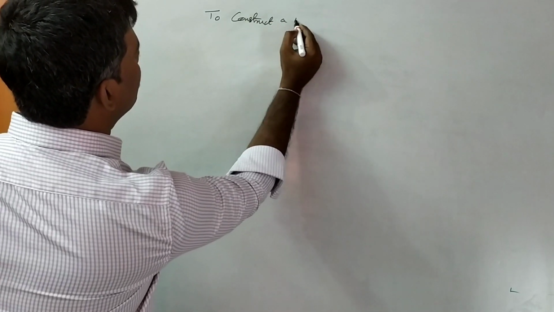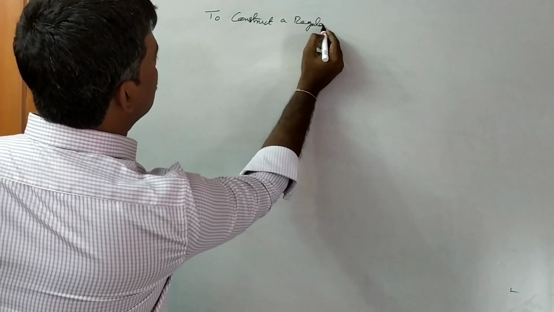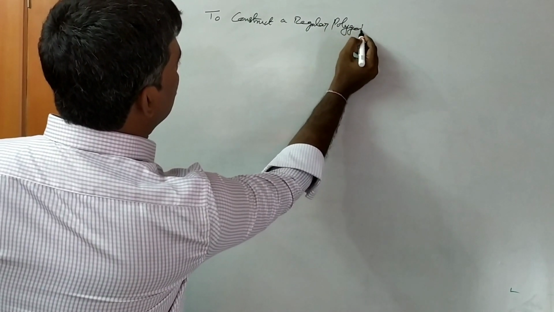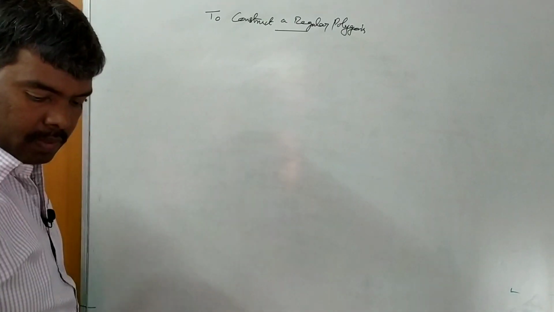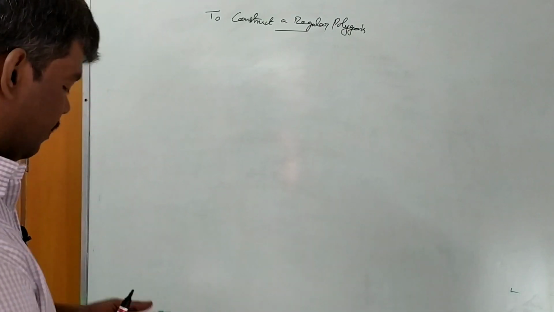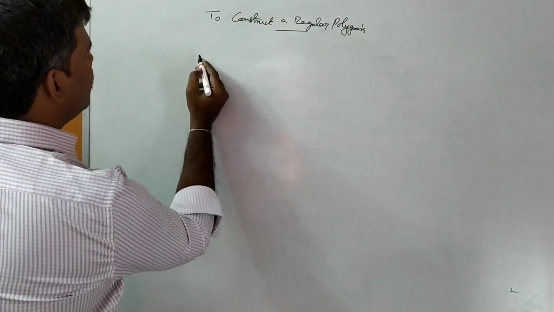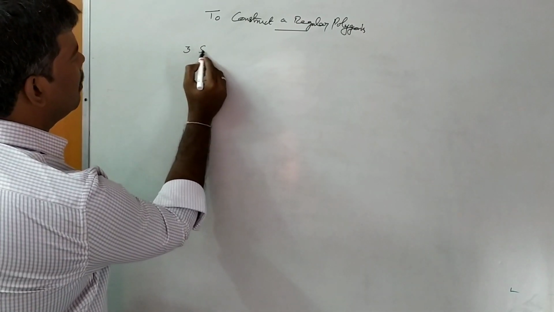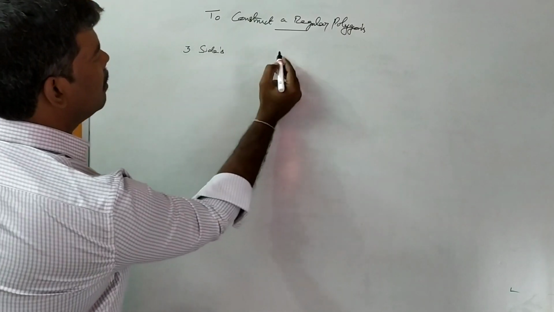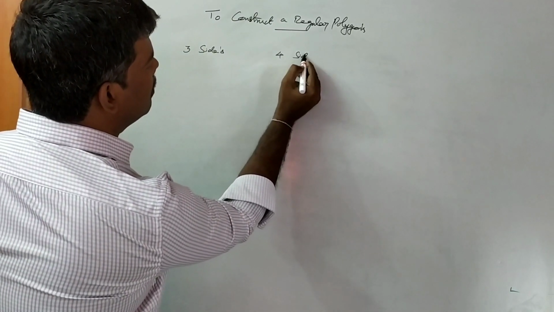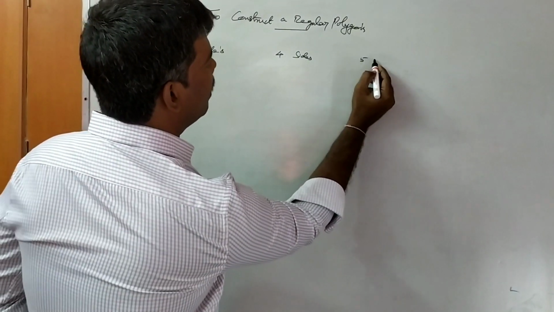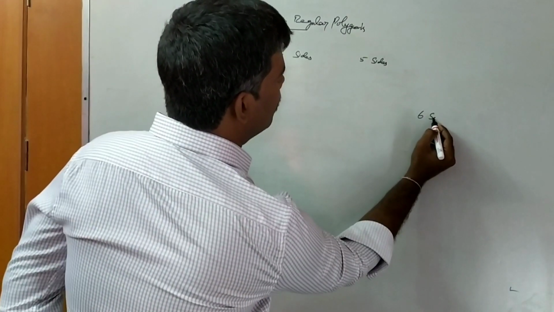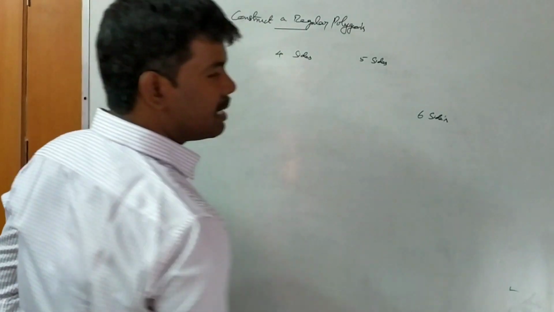To construct regular polygons, in general we have 3 sides, 4 sides, 5, 6 sides.